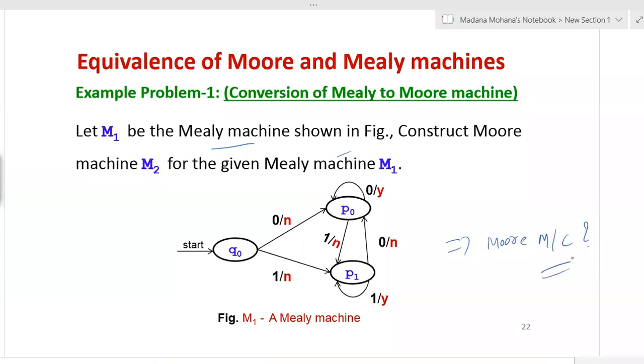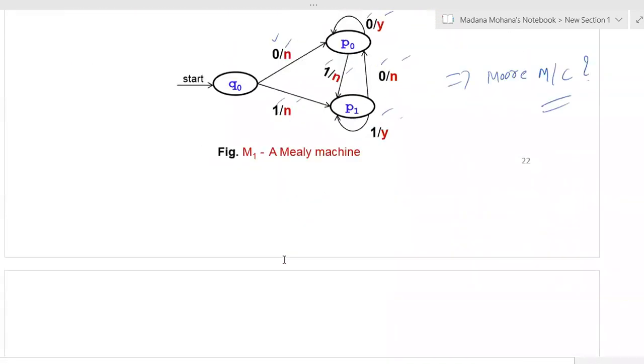Here you can see for every state we have input followed by output. That's why this is a Mealy machine. Now we can construct its equivalent Moore machine, which shows a common output irrespective of any transition.